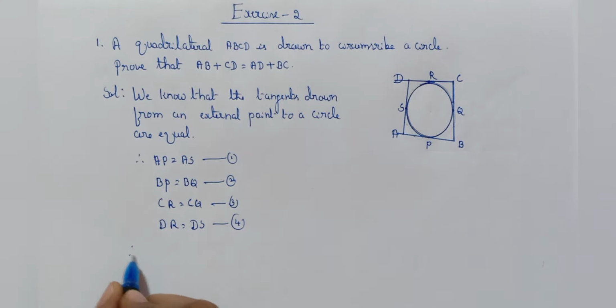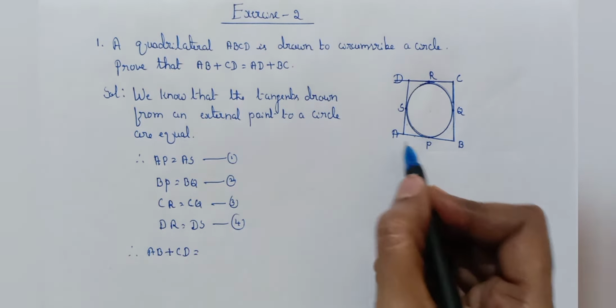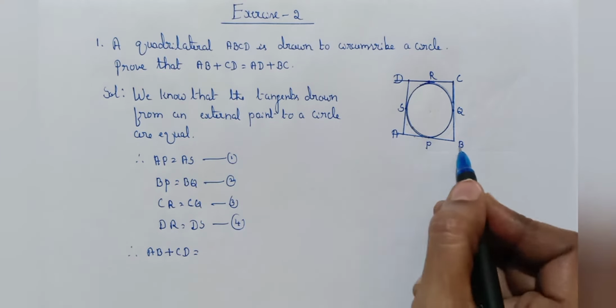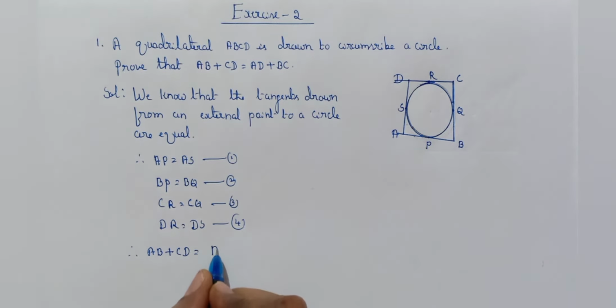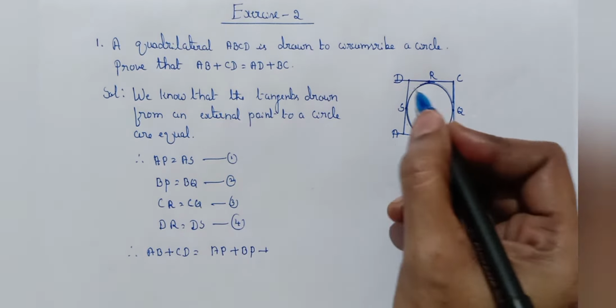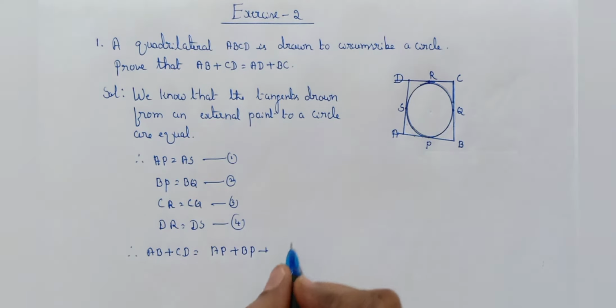Now, consider AB plus CD. AB plus CD is equal to, here we can write AB as AP plus BP, plus we can write CD as DR plus CR.